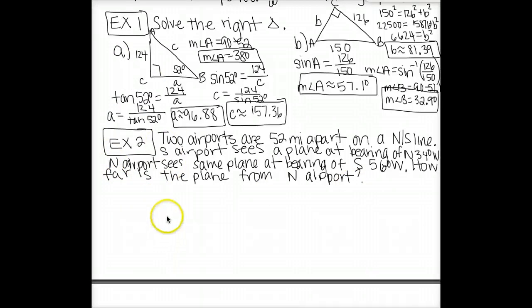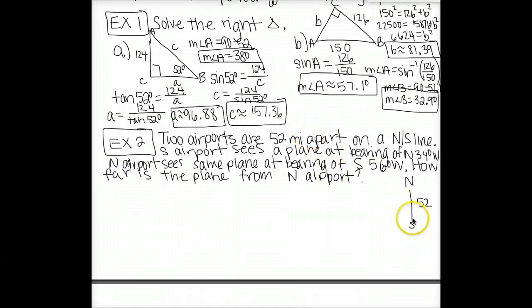So the first thing that we should obviously do here is draw a picture. So we know that our two airports, we're calling them north and south. So we'll just draw them here. And we know that this is 52 miles because they are 52 miles apart. So it says that the south airport sees the plane at a bearing of north 34 degrees west.